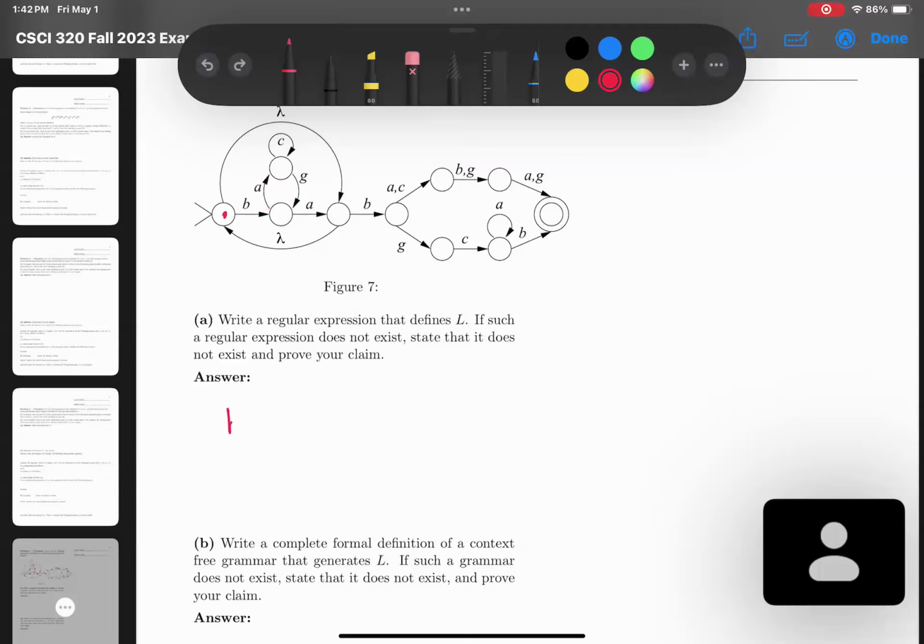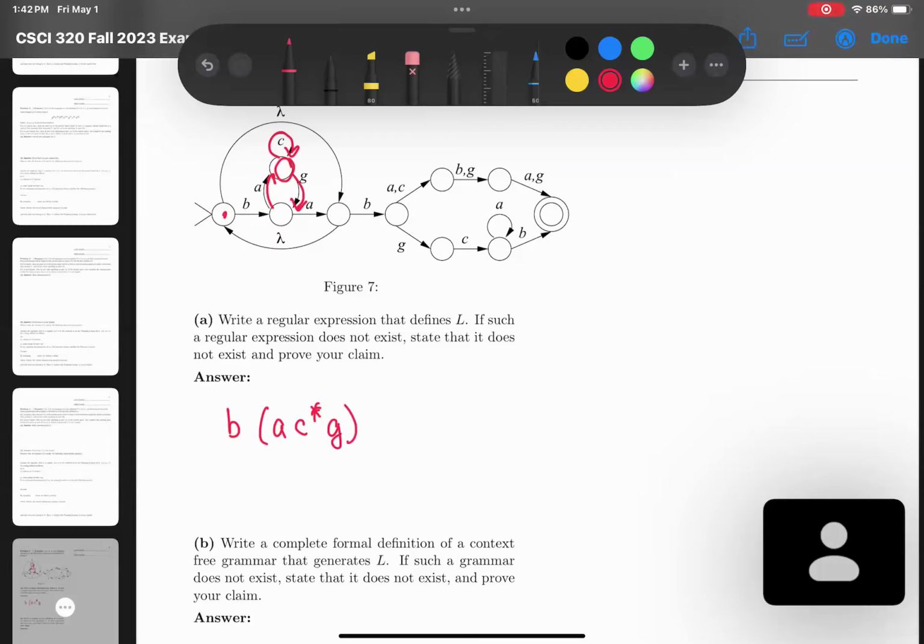So I'm going to write B, and then this thing where it goes backwards to its own state, that's just a Kleene star when we're translating it to a regular expression. The Kleene star starts off with an A, that's this over here, and then an embedded Kleene star, which is just C. So C can repeat however many times, and then a G to go back.